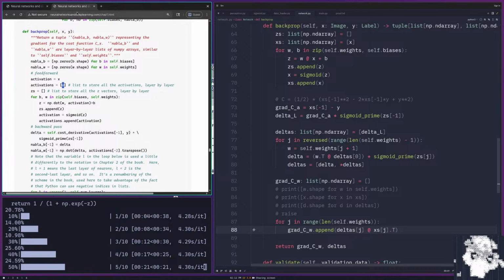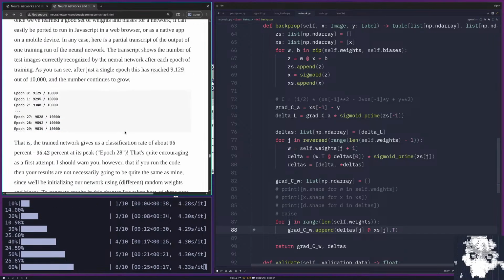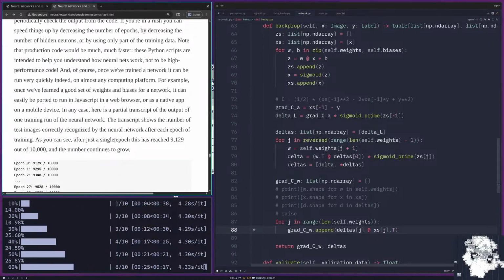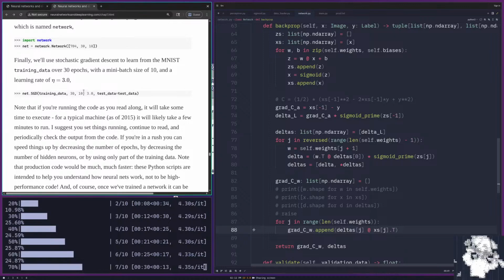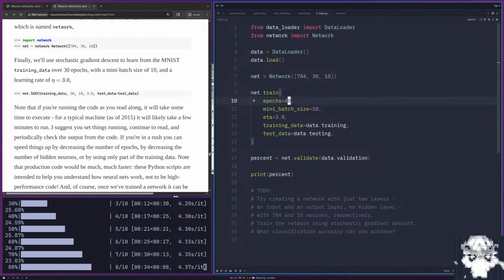What were the numbers that he said worked really well? 30 epochs, 10, 3.0. I mean, that's almost what we're doing. So I don't have a lot of hope that just adding more epochs is going to work.